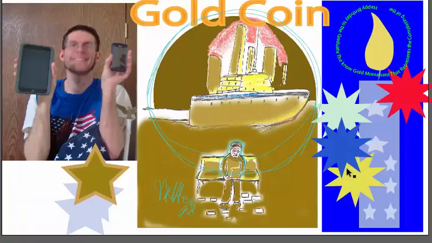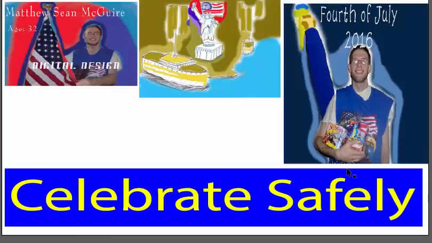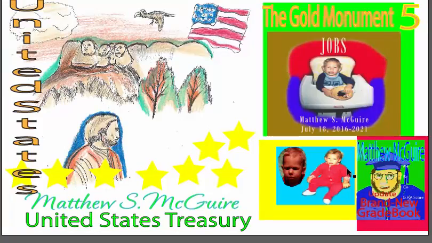Here is a gold coin with the back, and right here are the boats, like the Statue of Liberty, the gold Statue of Liberty. Most of us, I'm sure, have not seen these statues.